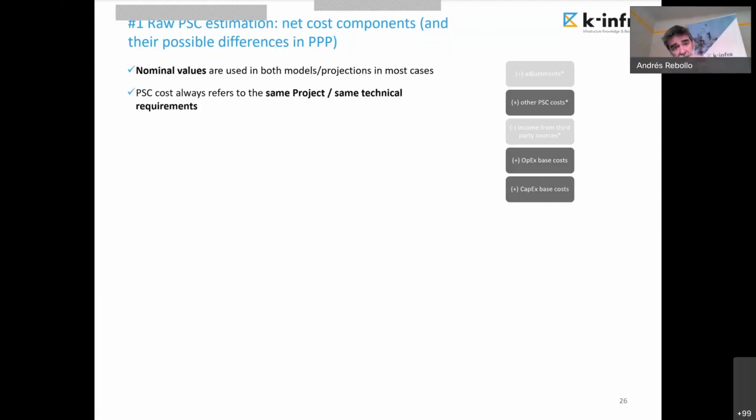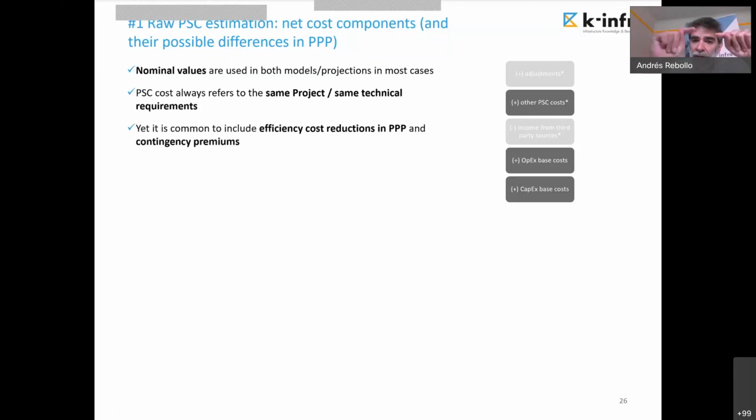The PSC cost always will refer to the same project, same technical requirements as what will be considered in the PPP projections, okay? Yet it is common to include efficiency cost reductions in the PPP and contingency premiums. So the CapEx and OpEx estimates are not going to be the same.